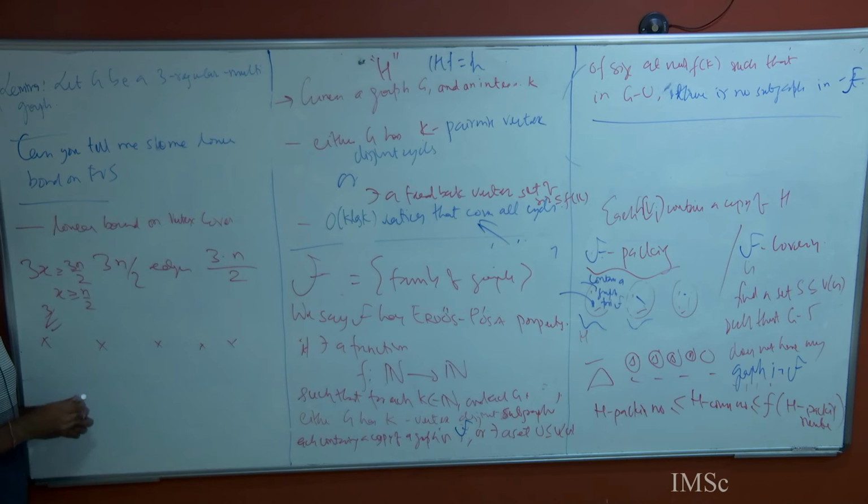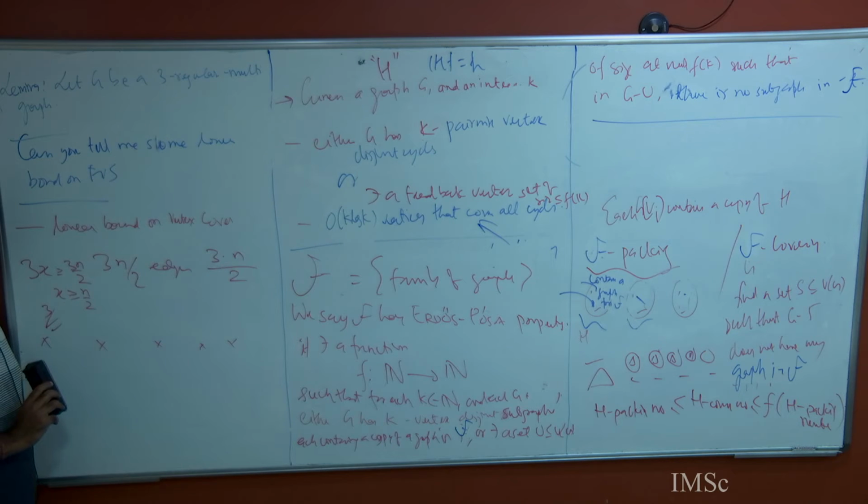Okay, make such a statement for feedback vertex set. I want to see. I was saying n by 4 for the feedback vertex set. Why? I was only asking about vertex cover first. Now that we have done it, I want to understand this.